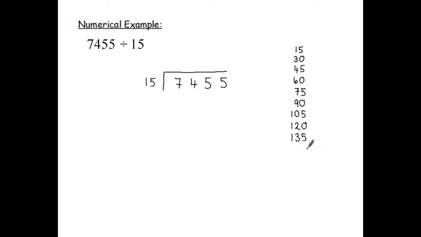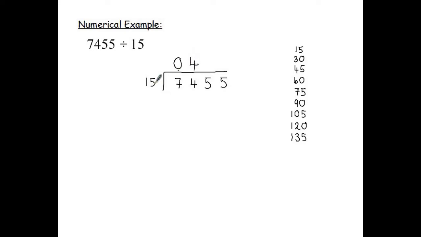So, as normal, you start off with how many 15s go into 7? They don't. And usually we'd carry the 7 here, but in this style, I'm just going to look at the whole 74. So how many 15s go into 74 next? We can see 75 is too high, so 4 go in.